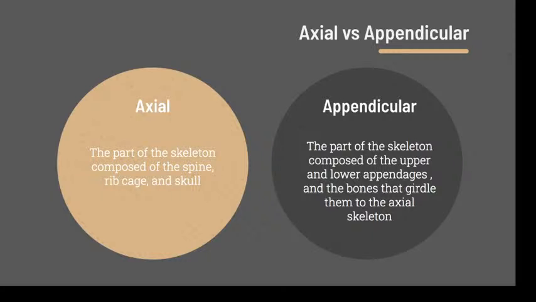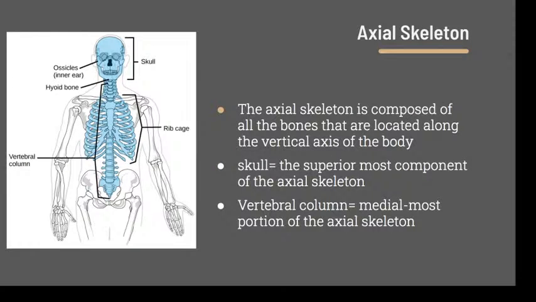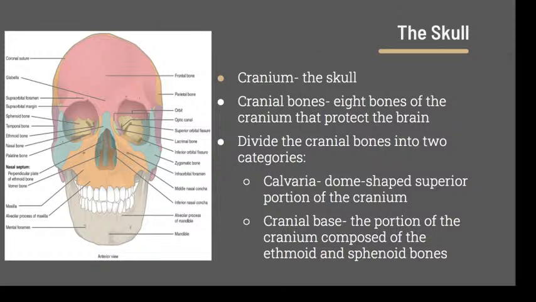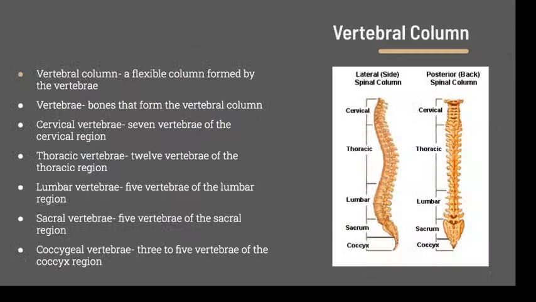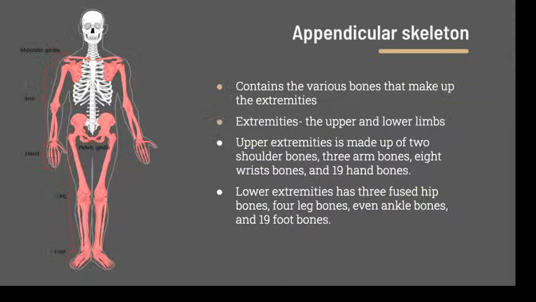the vertical part of our skeletal system. And the appendicular is the other one, the laterally placed bones, and it is the part of the skeleton composed of upper and lower appendages, and the bones that girdle them to the axial skeleton. And then we talked about each of the bones that make up the axial skeleton and the appendicular skeleton. In the axial, we have the skull, sutures, vertebral column, and rib cage.